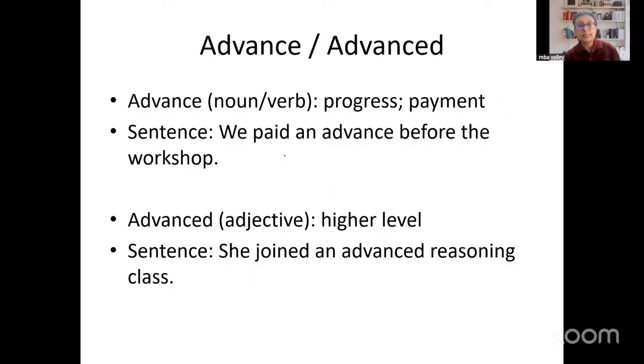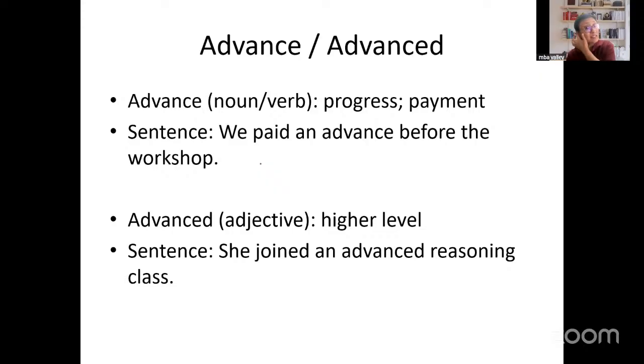Now, advance and advanced. These words are very, very close and we must clearly understand, because a lot of students think the only difference between advance and advanced is that advance is present tense and advanced is its past tense. But no, not necessarily. So the word advance means to progress, right? We paid an advance before the workshop. When you go to buy something or order online, they say you have to pay in advance.